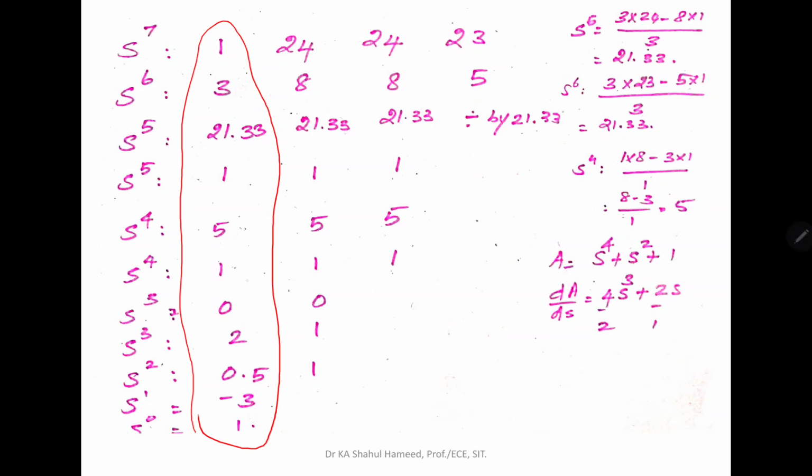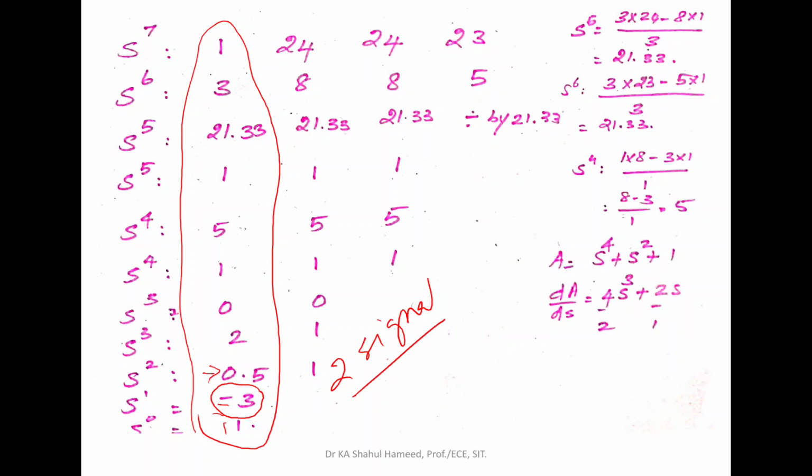But here we find one coefficient is negative, and we can also find two sign changes, that is 0.5 to minus 3 and minus 3 to 1. Since there are two sign changes, we can say that the system is unstable, and that two roots are lying on the right hand side of the S-plane.